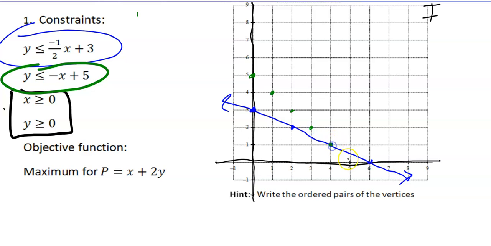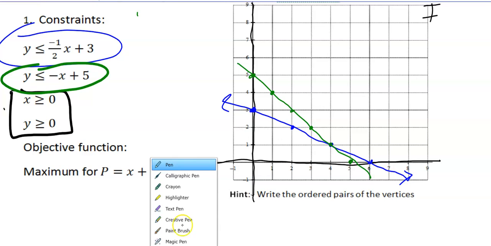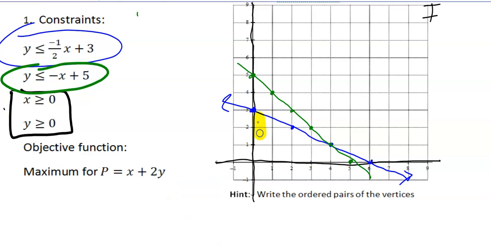I like that it goes through that nice point right there. Graph your line, and this one also shades down because it's less than. So the solution region is just below the blue line and below the green line, and also only values of 0 or more for x and y, so I'm not including anything other than the first quadrant. So that's really my graph there.